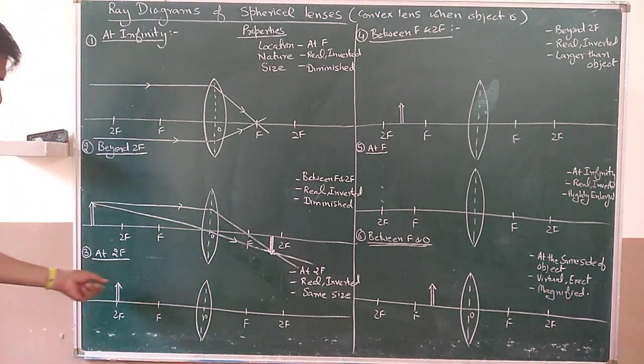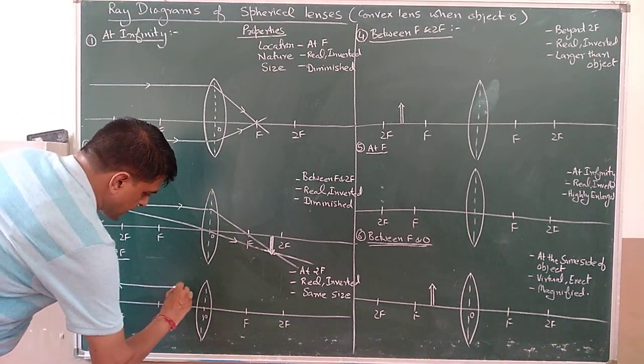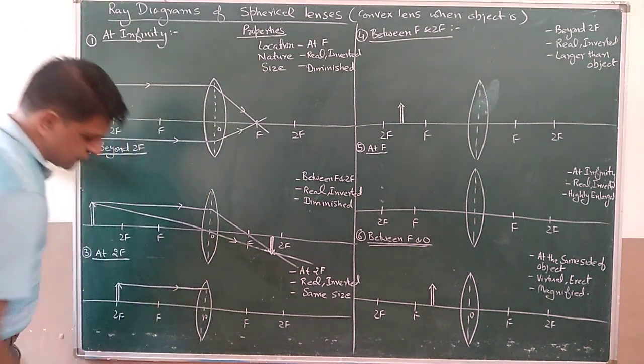Now come to the third position. If the object is at 2F, the first light ray is parallel to the principal axis.